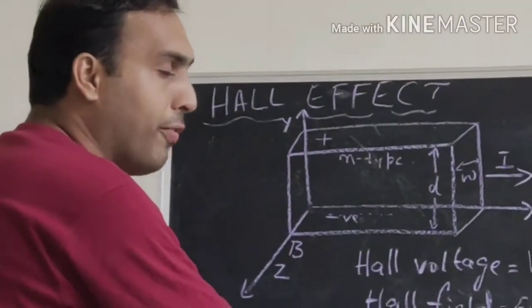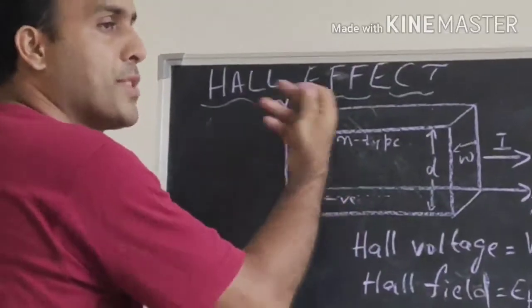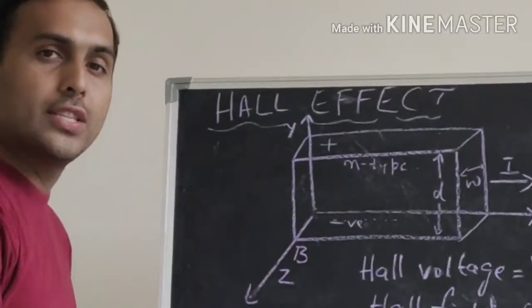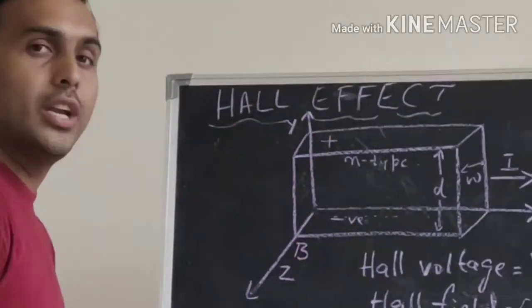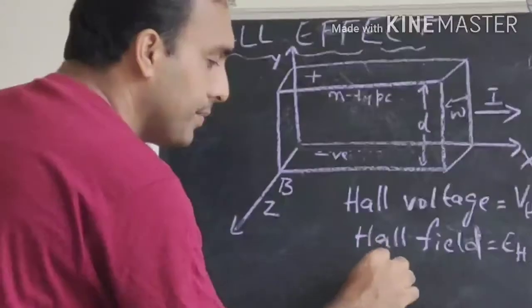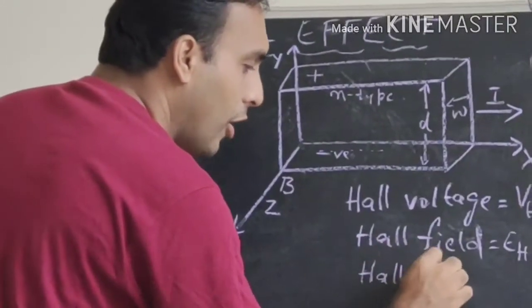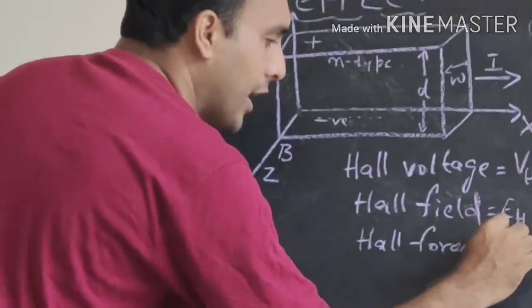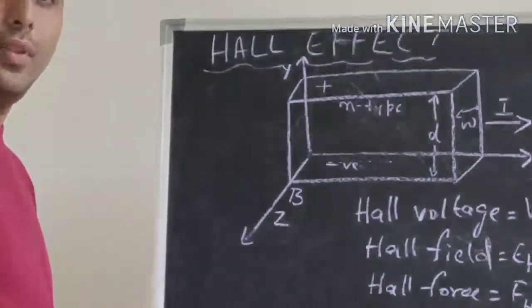Due to the Hall field there will be a force which develops opposite to the Lorentz force, and that force is called the Hall force, denoted as FH.